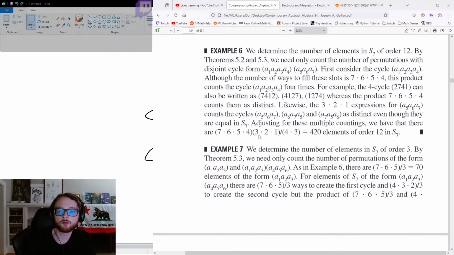Because that doesn't add to 7. Counts the cycle 4 times. Oh, it's kind of gross how these are actually the same thing, just permuted. They refer to the same permutation.